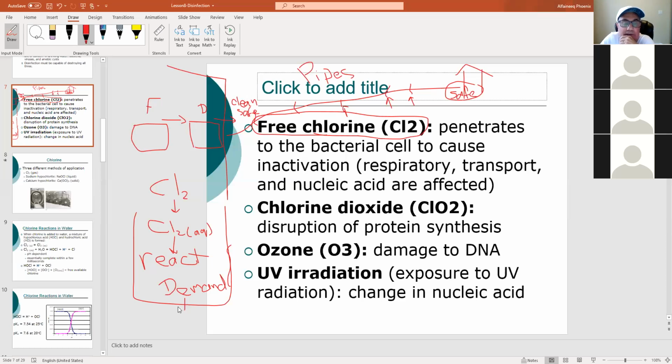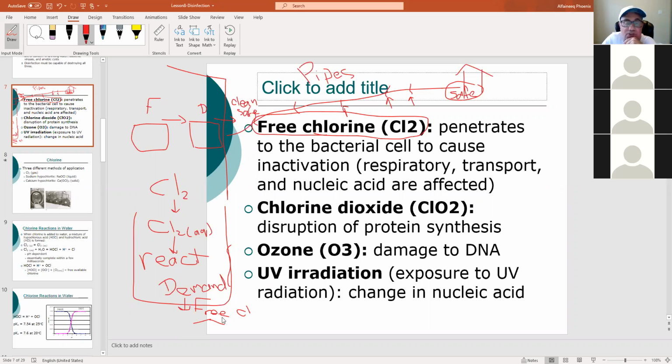Now the remaining is the one that you're going to use for disinfection. We call it the free chlorine now. It's gonna work for disinfection. This comes in different forms, either as a compound form reacting with organic material, and from there you will get your chlorine residual after that demand.